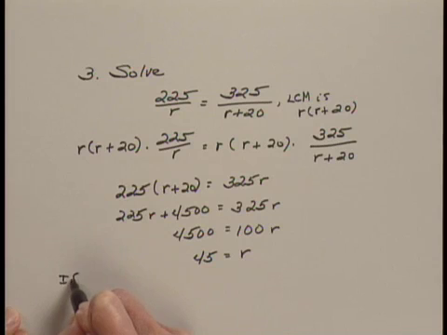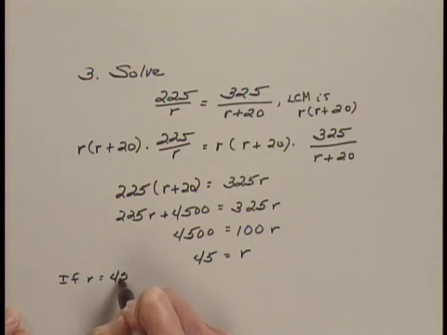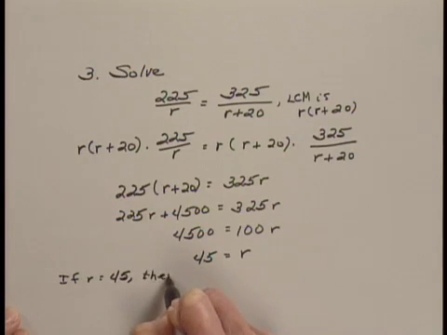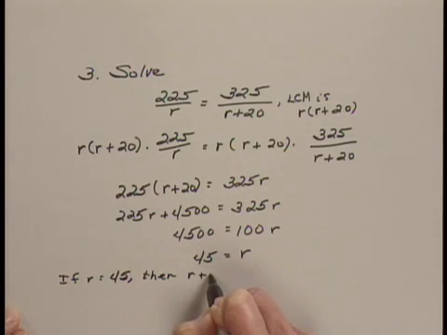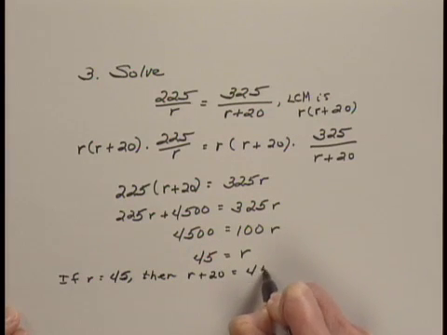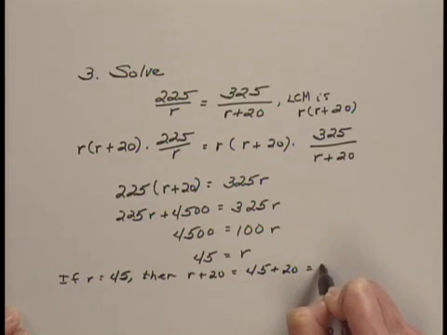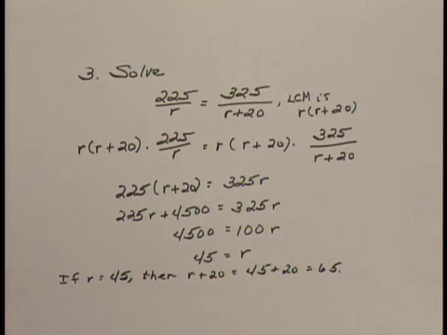And we can say if R equals 45, then R plus 20 is 45 plus 20, or 65, and that would be Craig's speed.